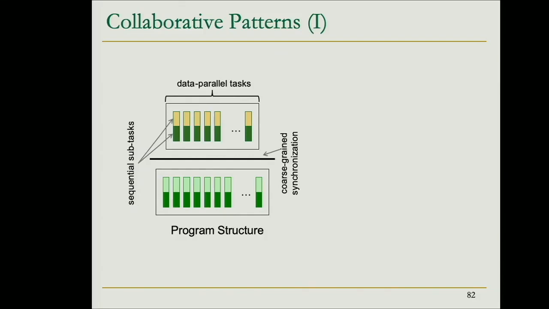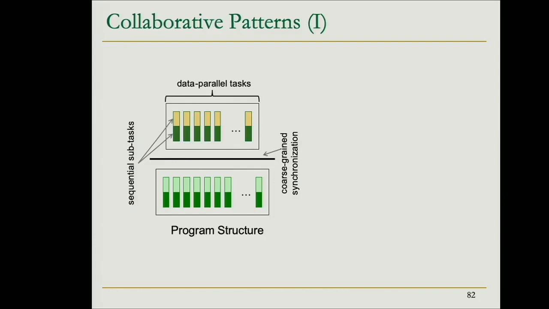This is the computation that we need to carry out: this is kernel 1, this is kernel 2. What we have in the middle is this coarse-grained synchronization, which is simply the kernel termination and launch of a new kernel. Recall that this is the only way of doing global synchronization inside the GPU.